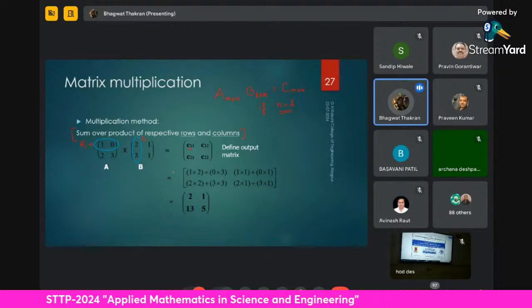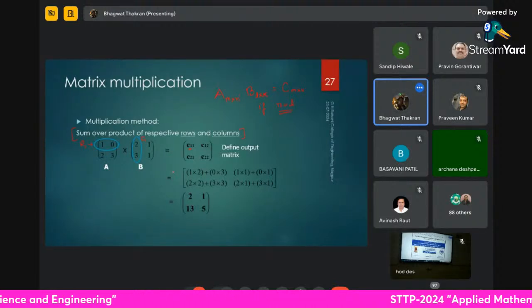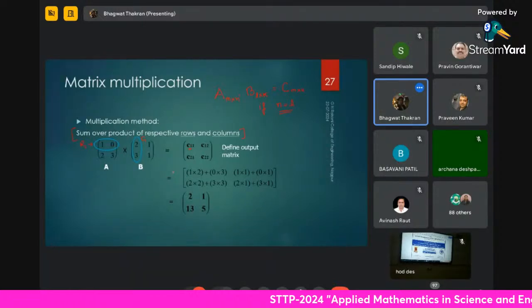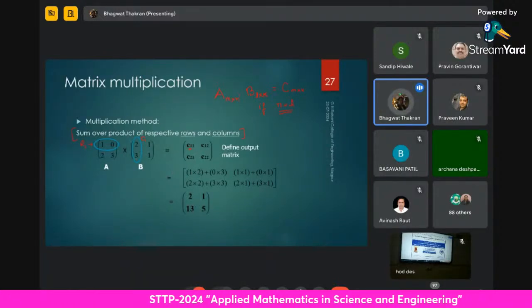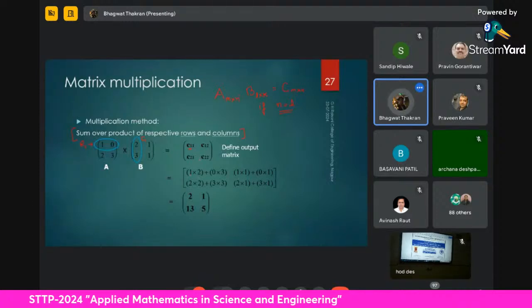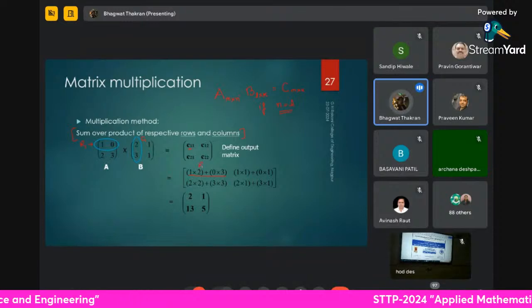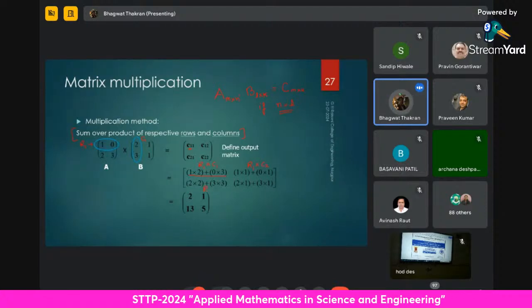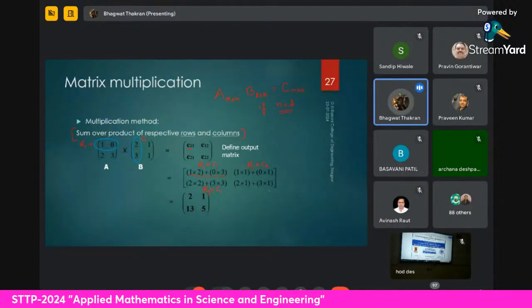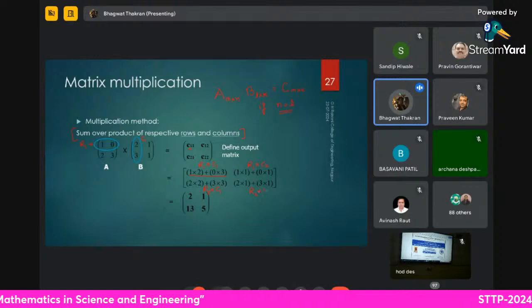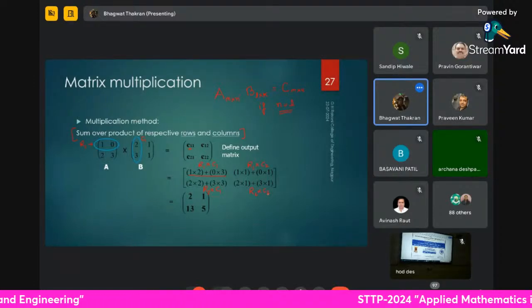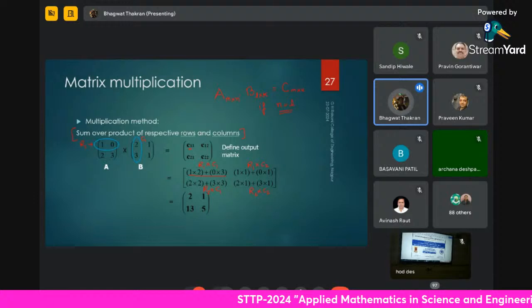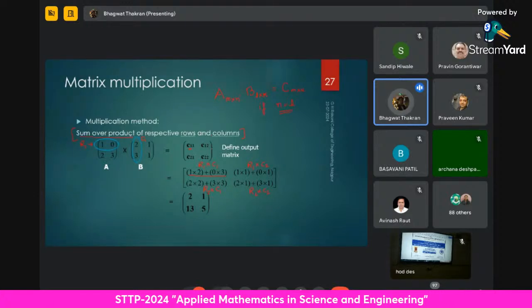So the respective row and column give the respective position in the final matrix. C11 is the product of R1 and C1. Then row 1 multiplied with column 2, row 2 multiplied with column 1, and row 2 multiplied with column 2. So it is nothing but sum over product of respective rows and columns.